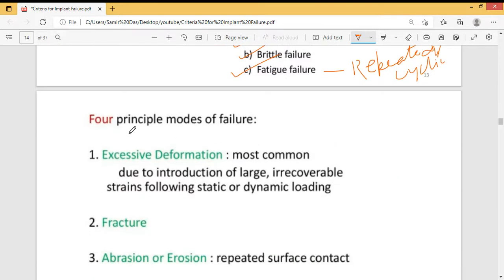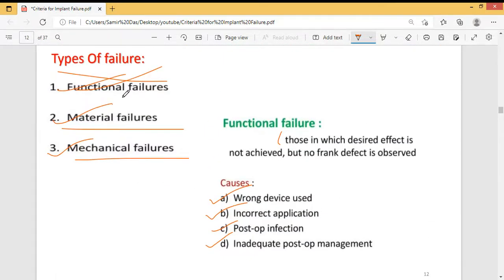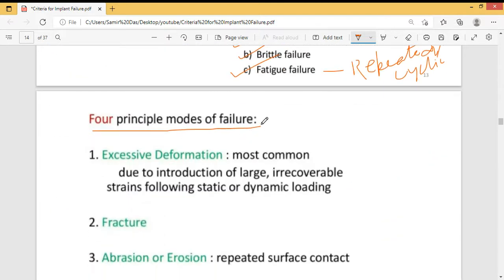Now those are the types of failure we have to take care of, whether functional failure, material failure, or mechanical failure, but the modes of failure are something different.